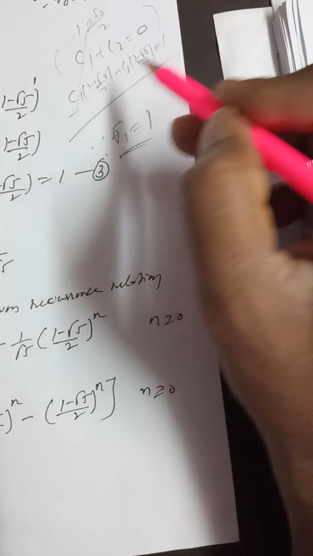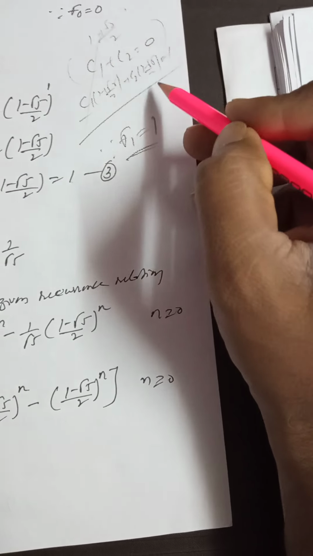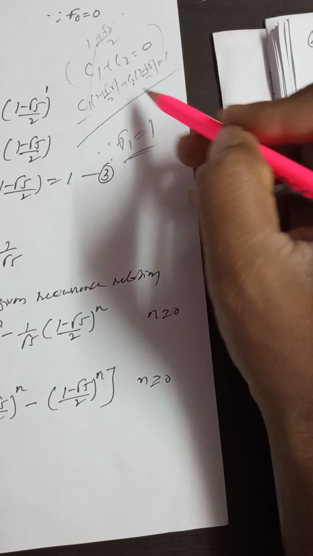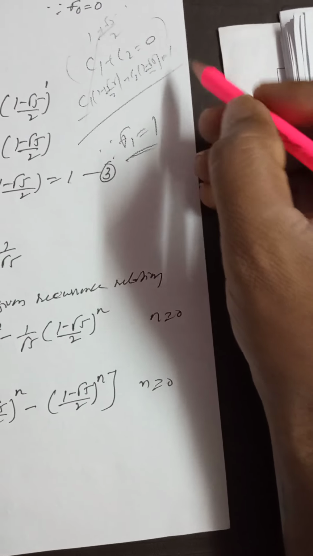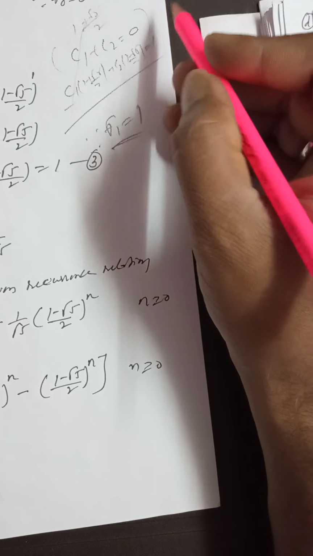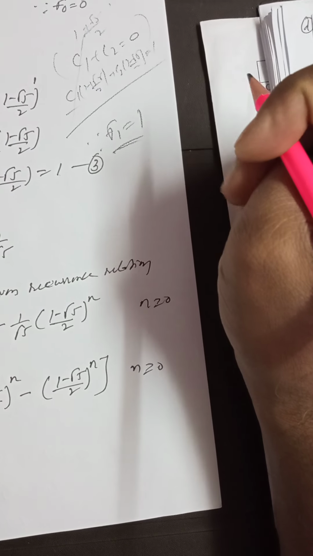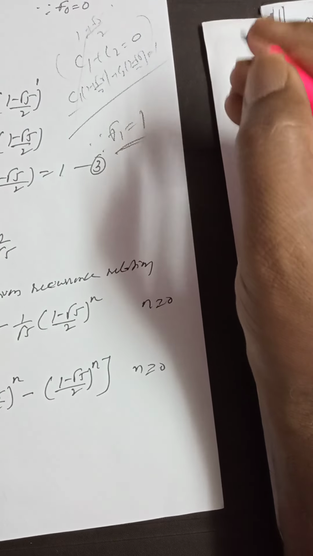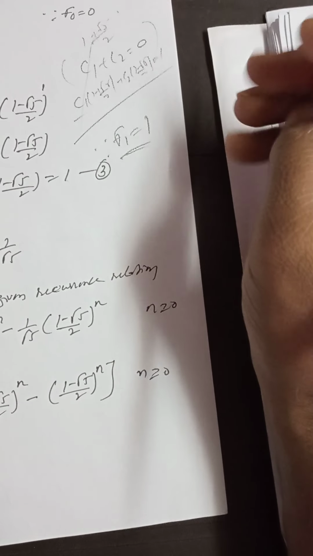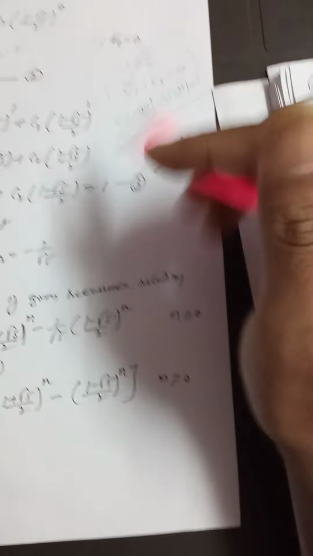If you subtract these two, it gets cancelled. Now c2 is common, 1 plus root 5 by 2 minus 1 minus root 5 by 2. By taking LCM, c1 is equal to 1 by root 5 and c2 is equal to minus 1 by root 5. If you solve these two equations, you will get c1 and c2 values.